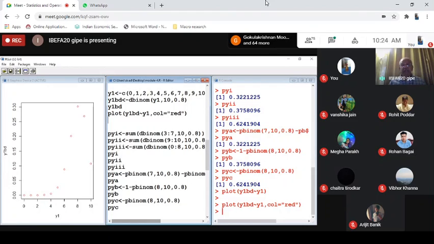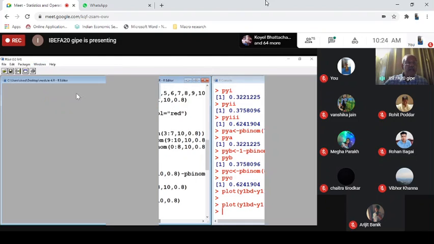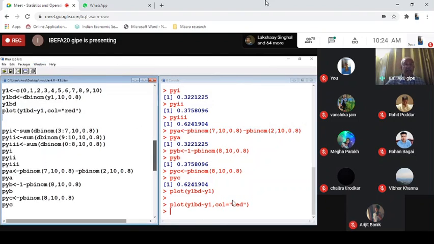In x-axis, as y1 increases, probability also increases. So what I have used was nothing other than simple syntax for evaluation of different probabilities and the graph.